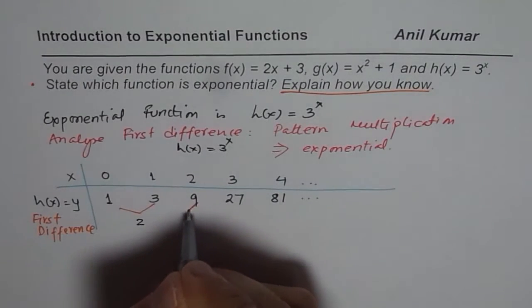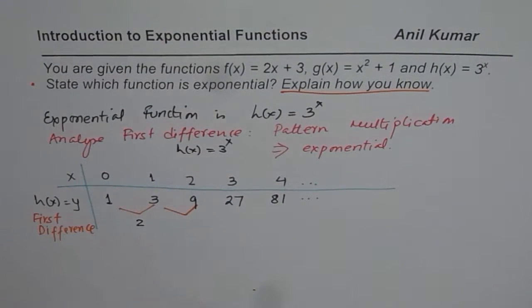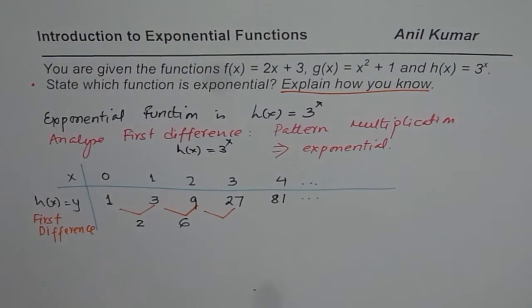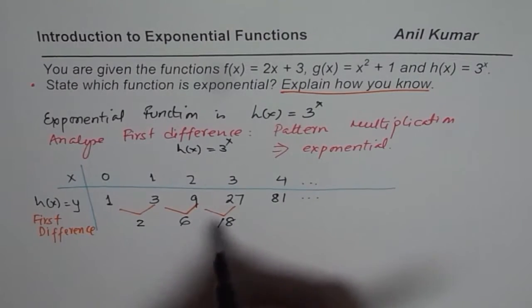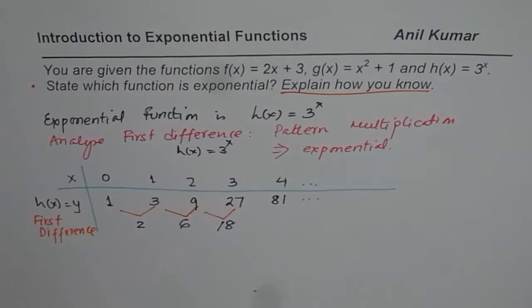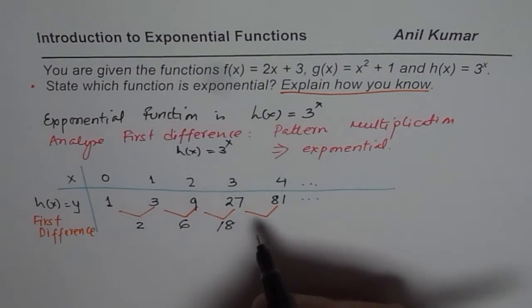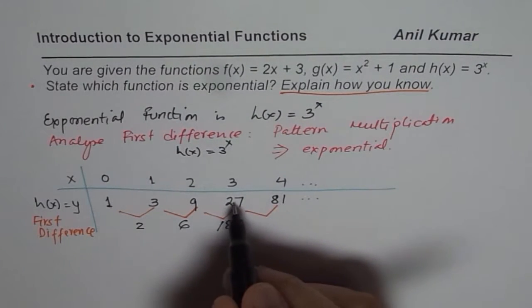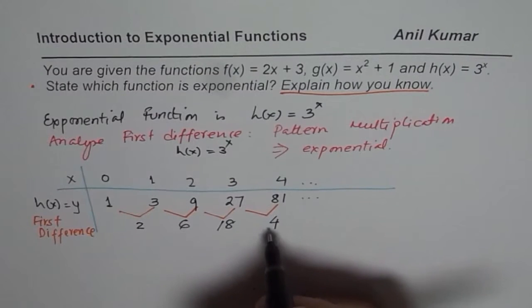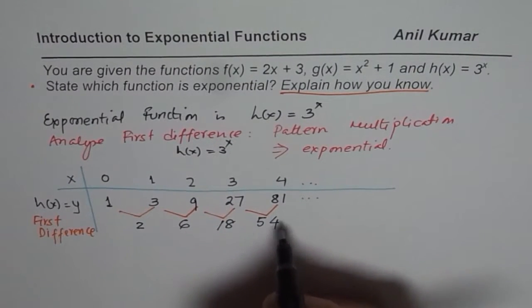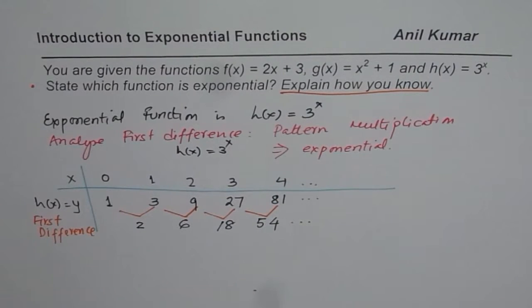Then we have 9 minus 3, which is 6. 27 minus 9 is 18, and then we have 81 minus 27, which is 54. Likewise, we'll get the first difference.